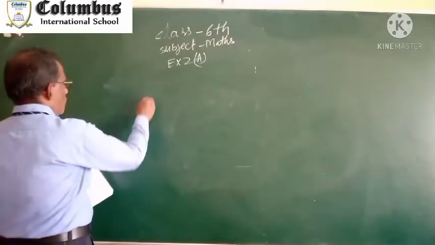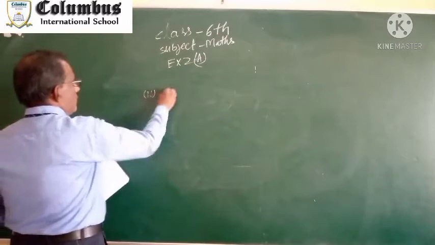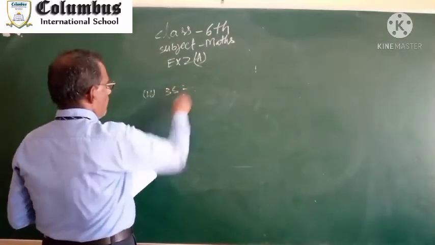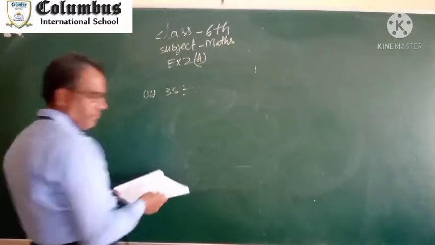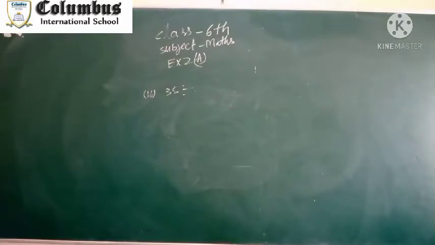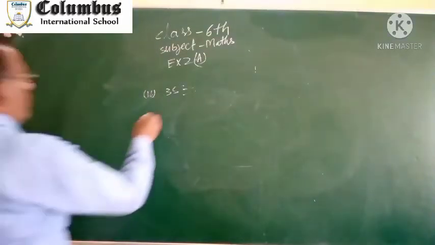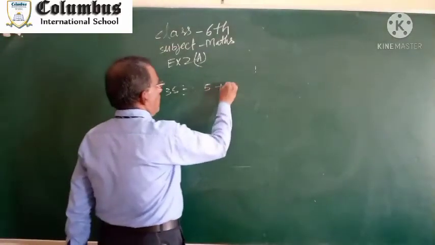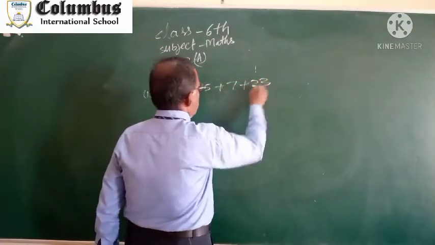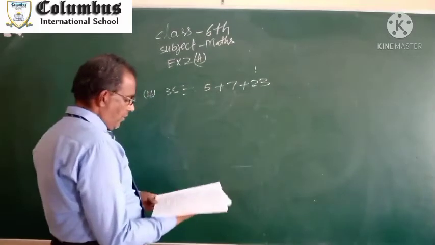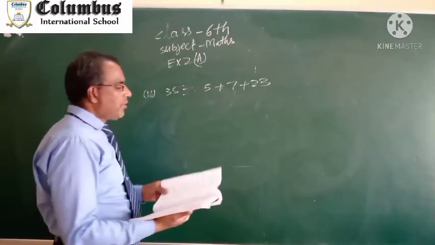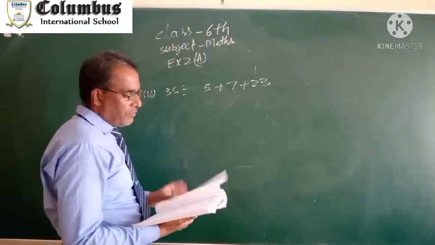Now see question number second, 35 equals the sum of three prime odd numbers, that is 5 plus 7 plus 23, and you will do the other question at homework.